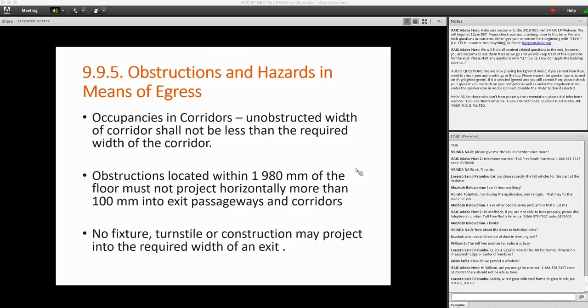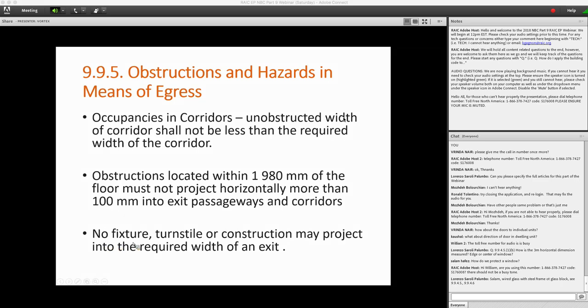So if you have an occupancy in a public corridor, it is required to not reduce the width of the corridor. Also, obstructions located within 1980 millimeters of the floor must not project horizontally more than 100 millimeters into exit passageways and corridors.